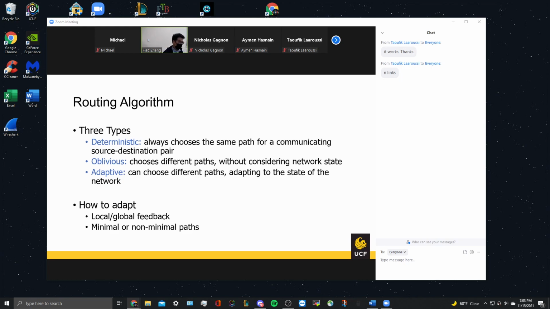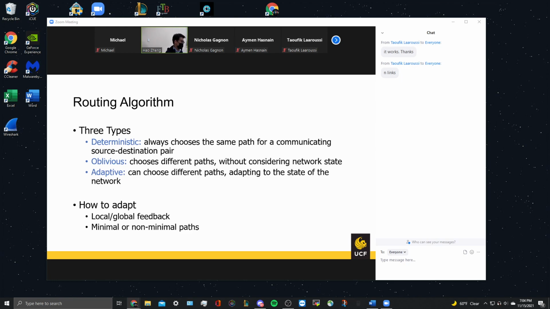Oblivious means choosing different paths without considering the network state, which means you can do some random selection. For example, I can randomly pick one direction to go, without considering the network state.